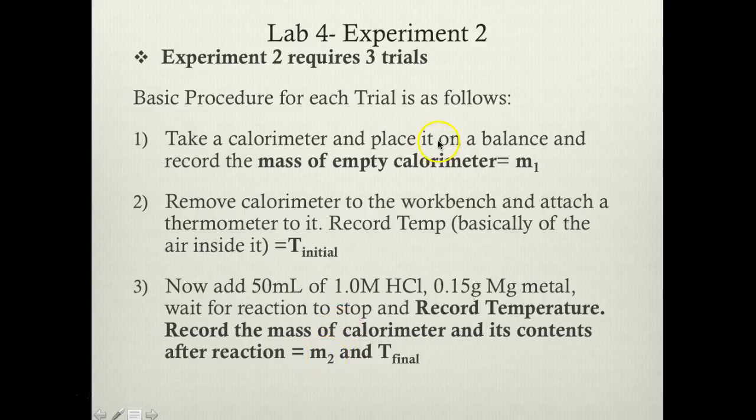So the first mass was the mass of the empty calorimeter. The second mass is the mass of the calorimeter and the reaction contents. And then of course the final temperature, because the temperature will go up. Initially it would have been room temperature like before, 21.5, and then it would have risen after the reaction is over.